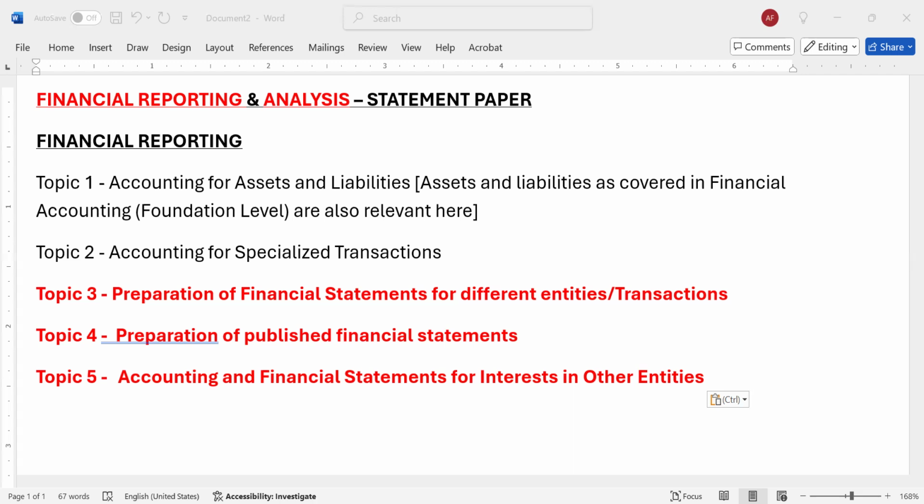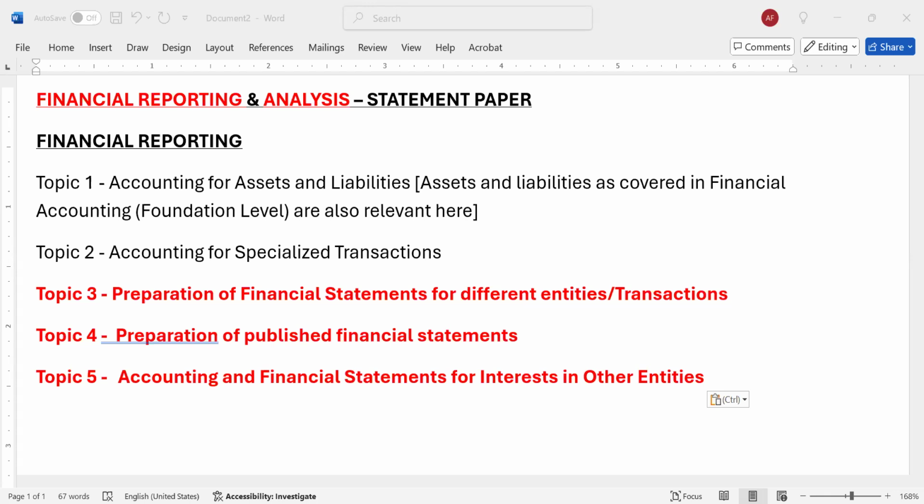After we are done with this, my good students, this should take us to the last topic of financial reporting. As much as it is theoretical, of late, questions have been tested in regard to this specific area.